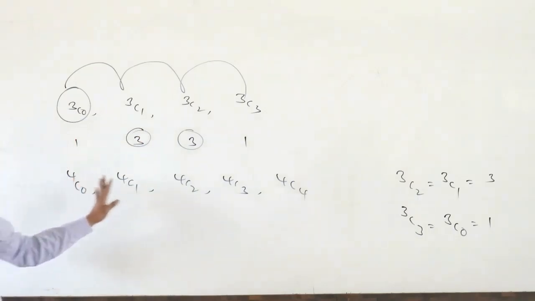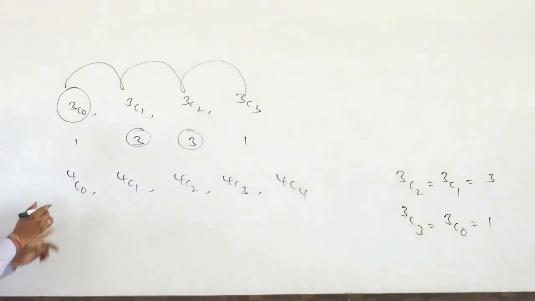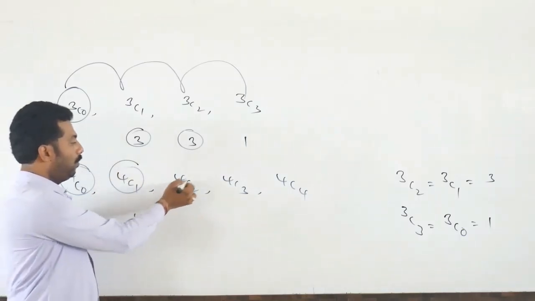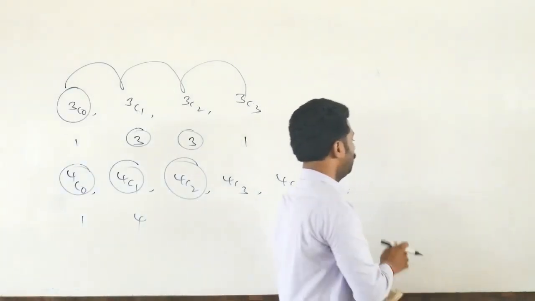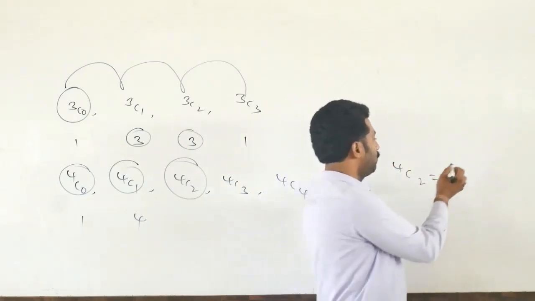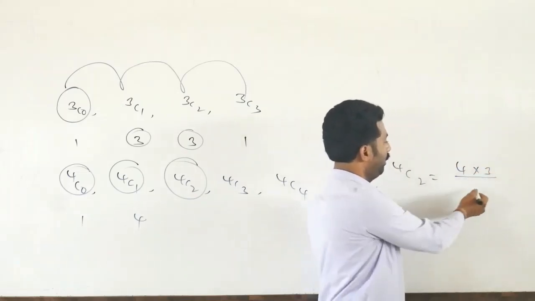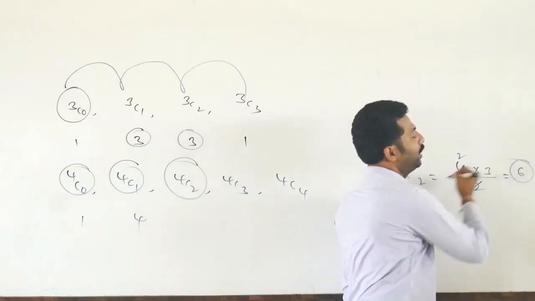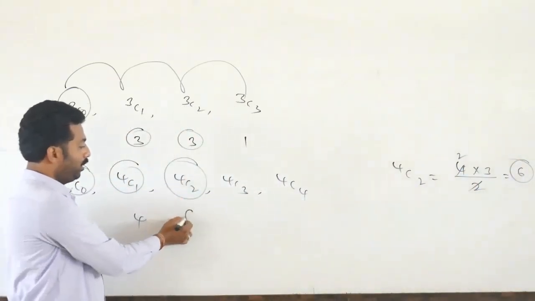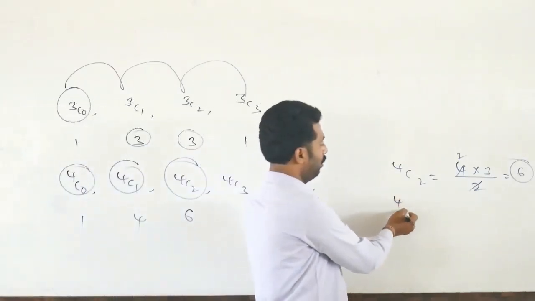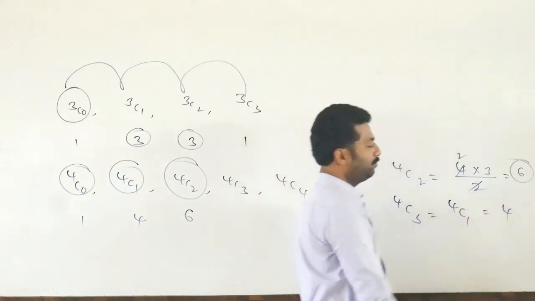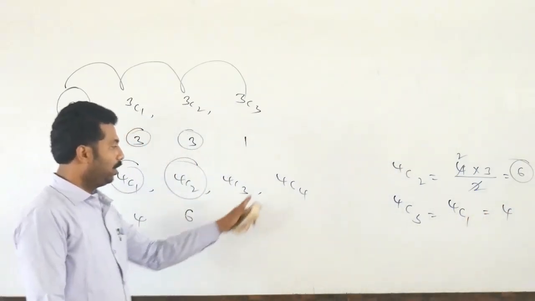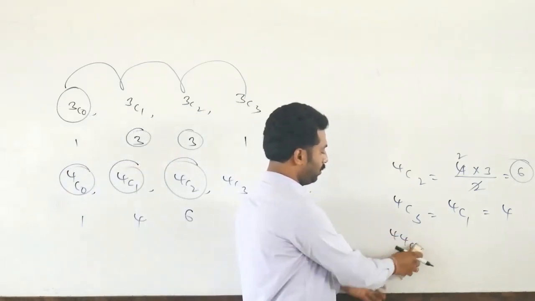Among these five values, which one is the largest? 4C0 means 1. 4C1 means 4. 4C2 is 4 into 3 divided by 2 factorial; the 2 cancels, so that is 6. 4C2 is nothing but 6. 4C3: the difference is 1, that is 4C1, which is 4 only. How to answer 4C4?